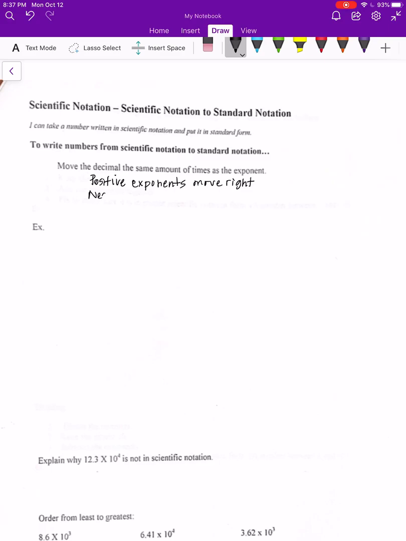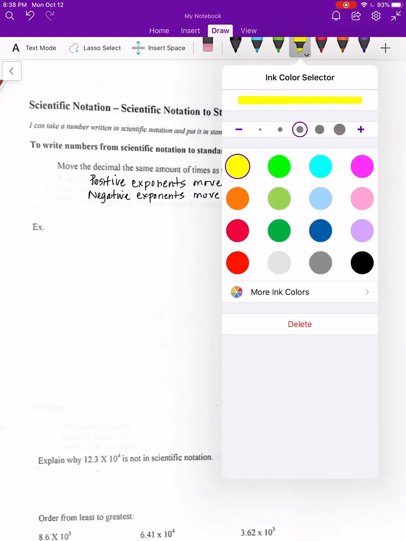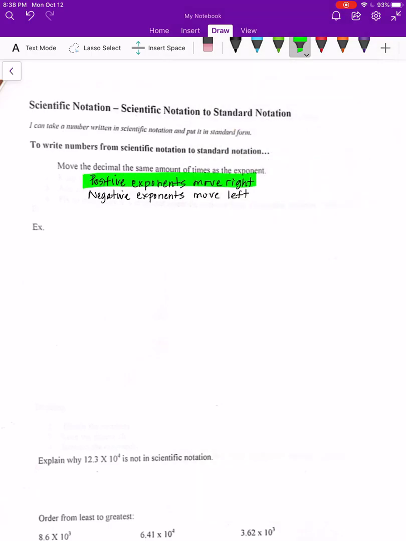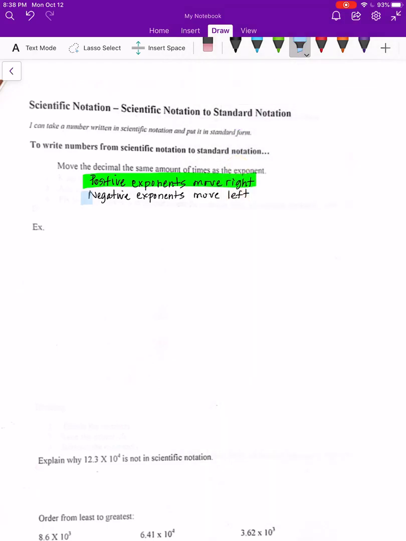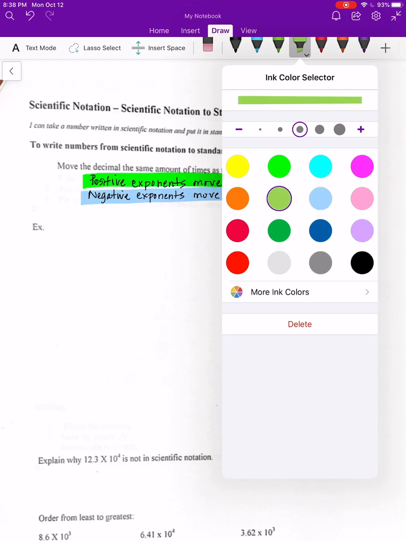And negative exponents move left. So positive exponents move right. Let's put those in green. And negative exponents move left. Let's put those in blue. So positive exponents move right. Negative exponents move left. So here we go.